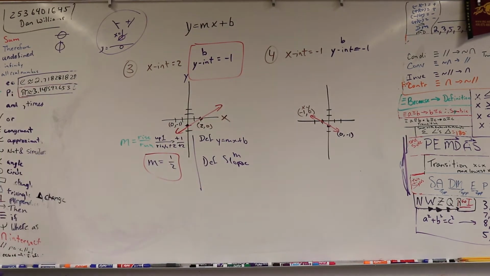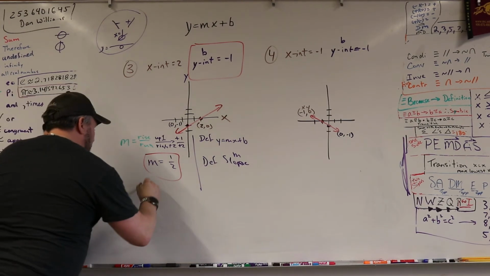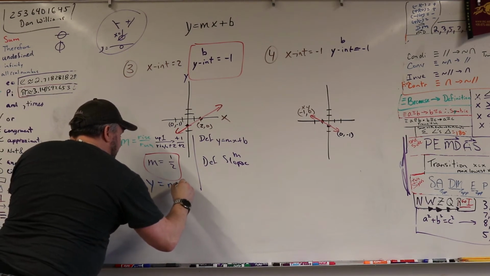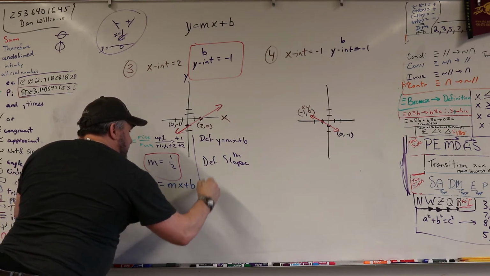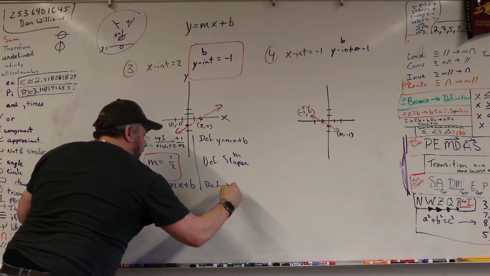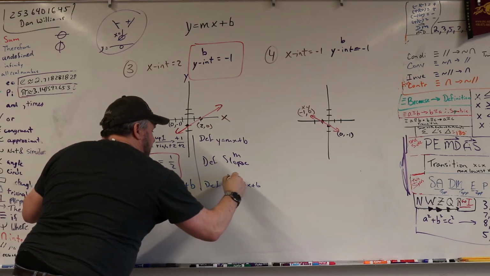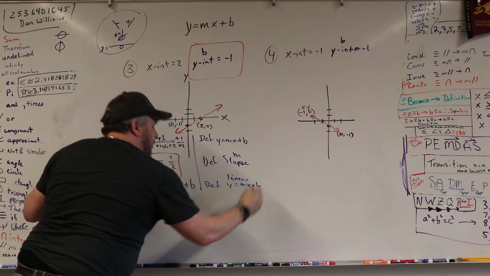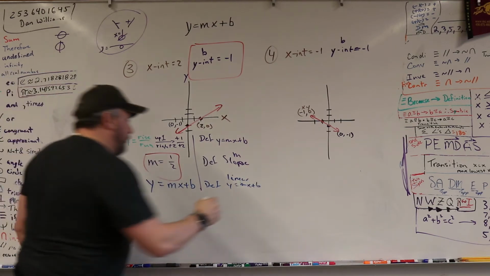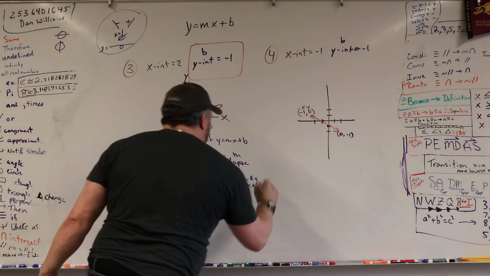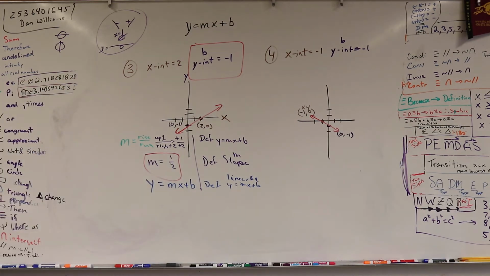So I can write the equation. What is the goddess equation? y = mx + b. Again, definition of y = mx + b, or you could say definition of linear equations. Now, all you need to do is plug in m and plug in b. That's it.